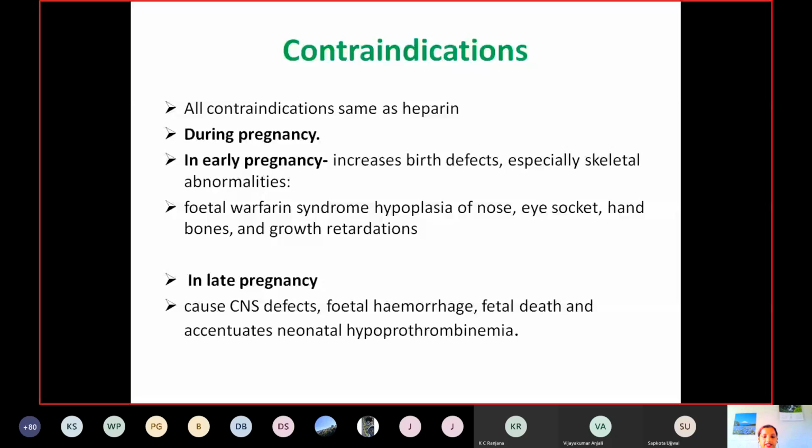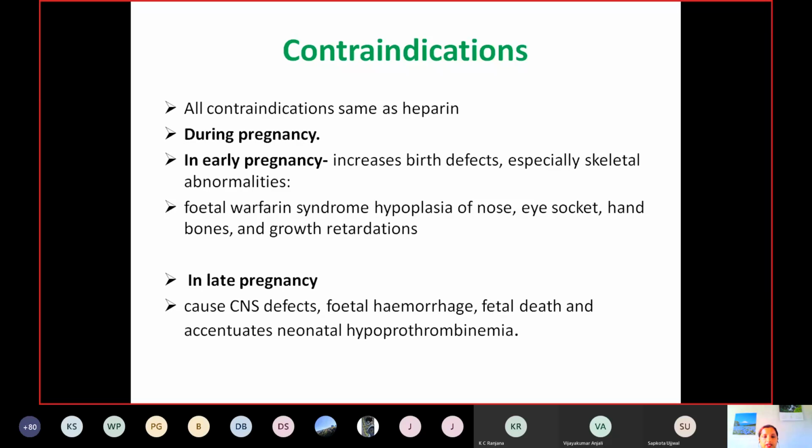What are the contraindications of heparin? If there are bleeding disorders, hemophilias, peptic ulcer patients, hypertensive patients, any other cardiovascular problems.